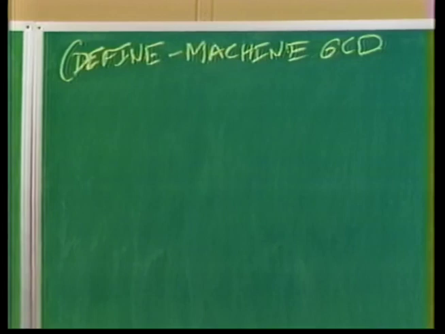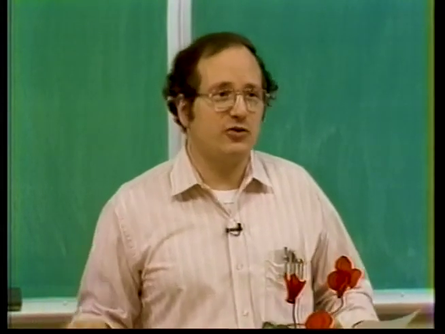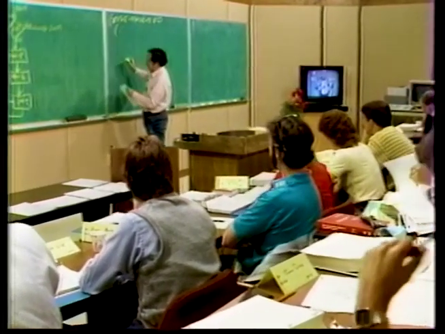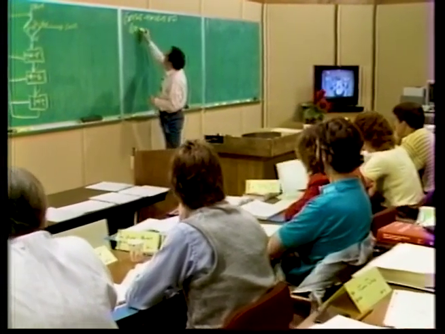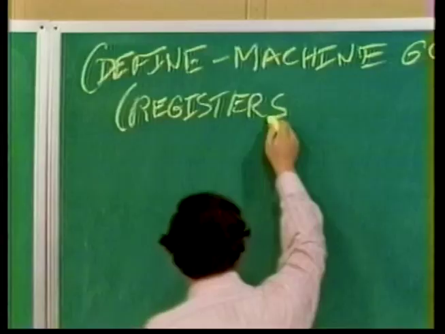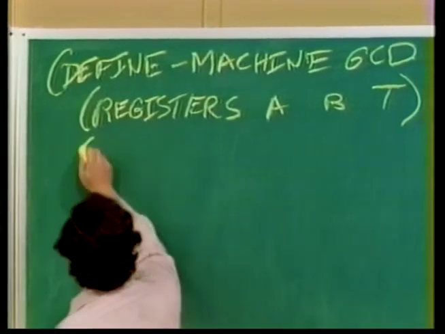And then, of course, I can write things that can algebraically manipulate these things, simulate them, all that sort of thing that I might want to do. Perhaps transform them into layout. Who knows? Once I have a nice representation of registers, it has certain registers, which we're going to call A, B, and T. And there's a controller.